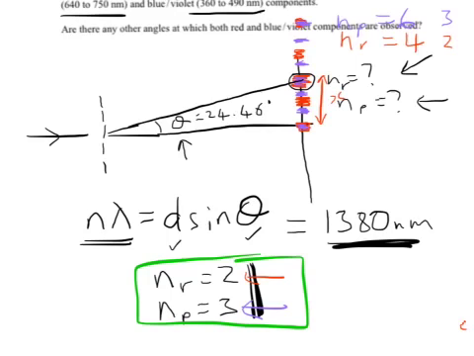So what do we do then? We need to calculate the next one up, so 6 to 4 is our ratio.